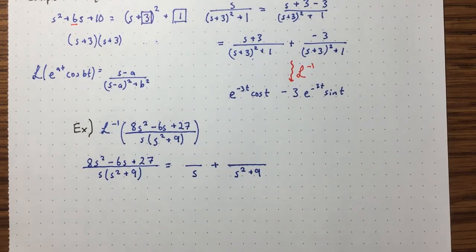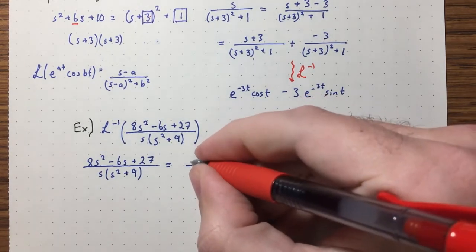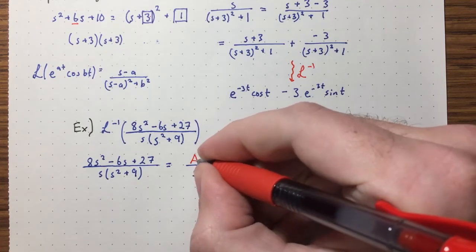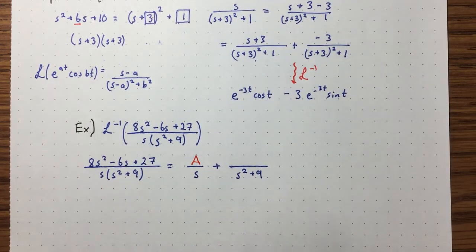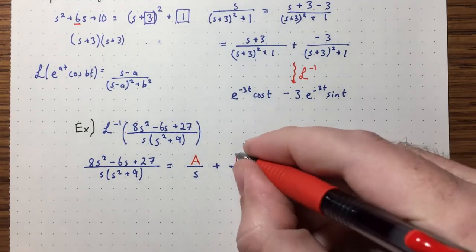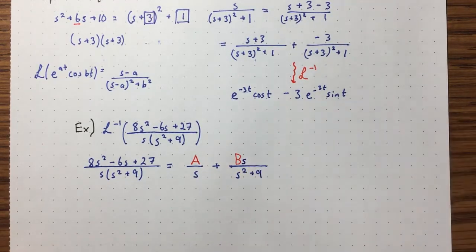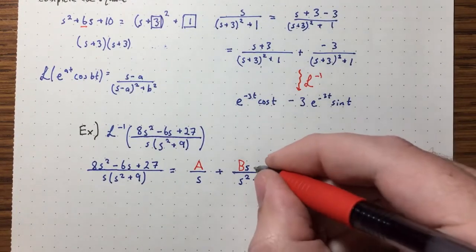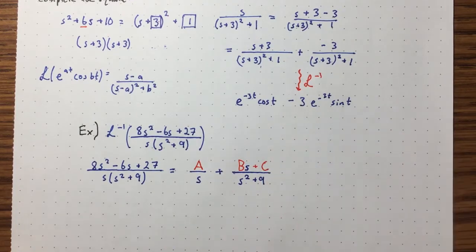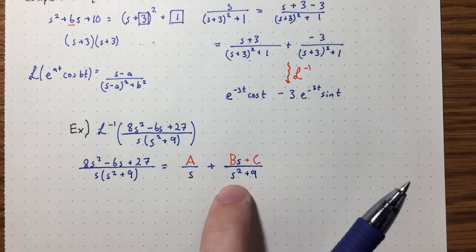So here's what I'll do. Suppose we had some constant there, a. And then for this one, we actually need to assume that the numerator is a linear function. And that's because we have a quadratic here.